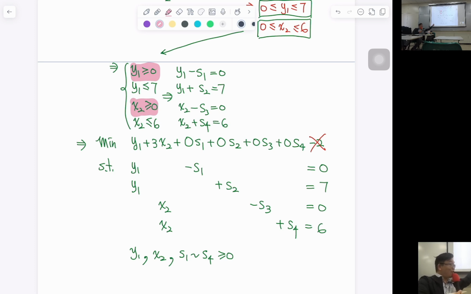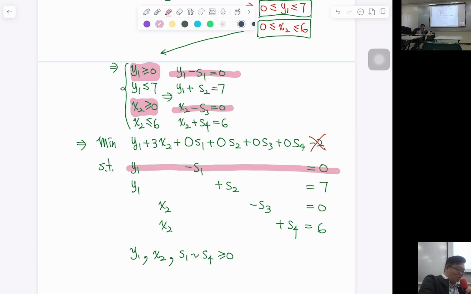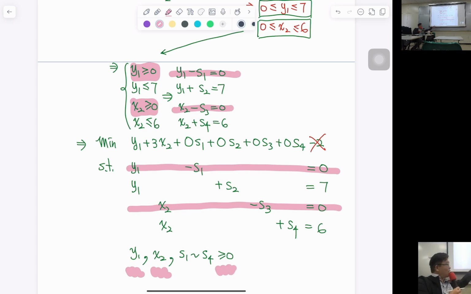So this is okay. If I do this, this is definitely solvable. But when I do this, I introduce too many additional variables. So in fact, you can eliminate these two functions. That doesn't matter. Because y1 positive, x2 positive is already given at the bottom.